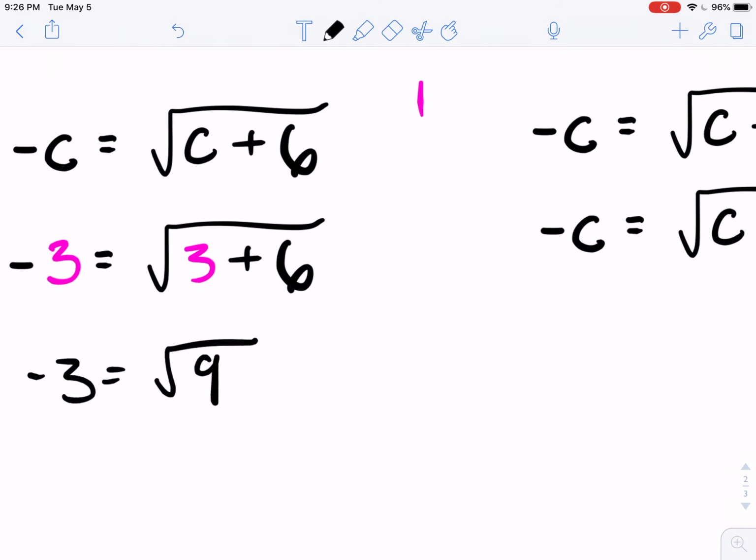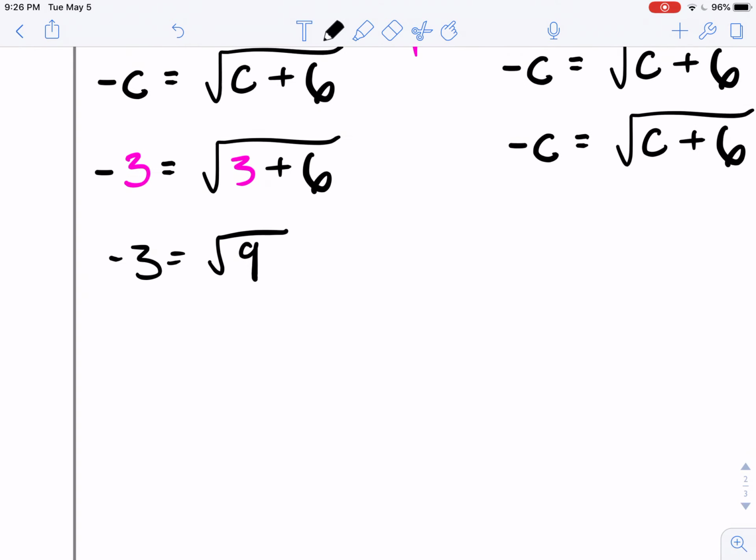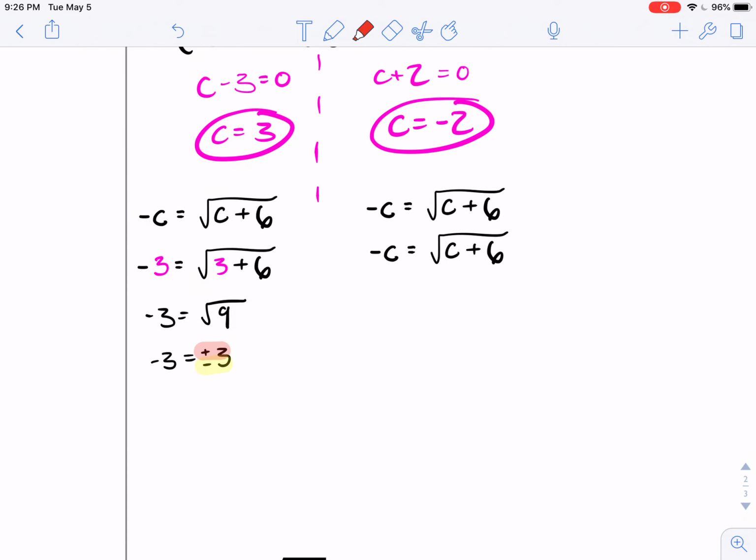When we take the square root of 9, it can be negative 3, but it can also be positive 3. And while this one works, this one does not. Actually, forget I said that. We're going with just positive.